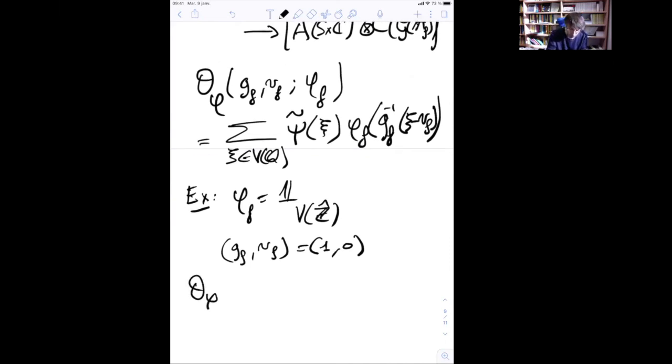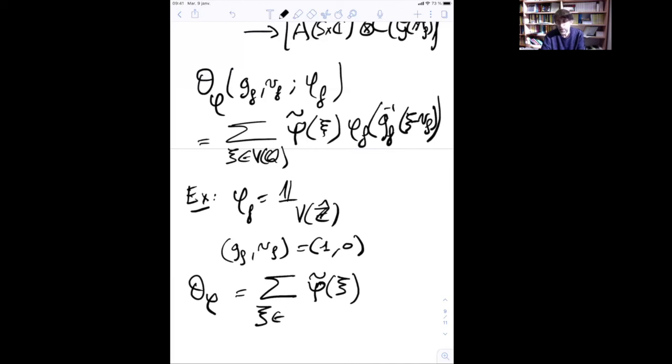Theta phi. I forgot, I don't write g_F, v_F and phi_f. Here it's a phi. It's just the sum over all the points in V of Q such that phi_f of xi is non-zero.